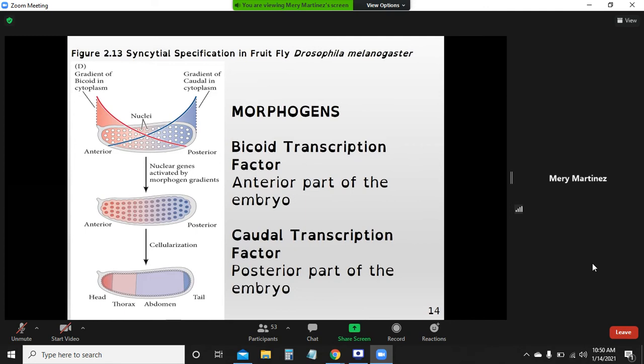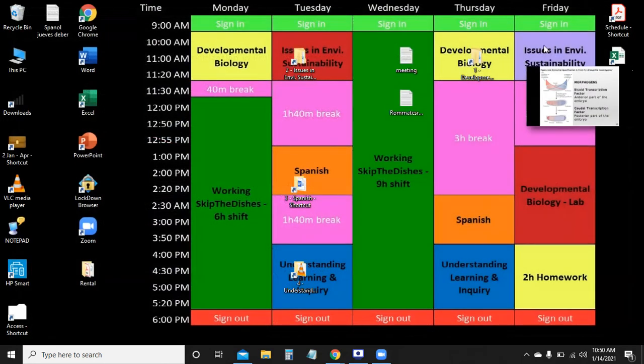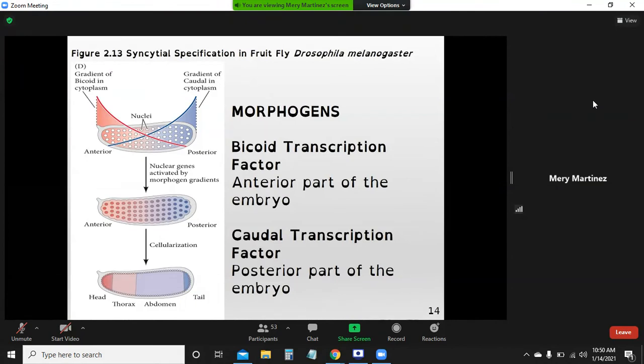So at the end of the day, no embryo uses one type of cell specification only. Drosophila uses the three: autonomous, conditional, and syncytial. And as I say, the same goes for human embryos, some mammals, some vertebrates; they use at least one more of the others.